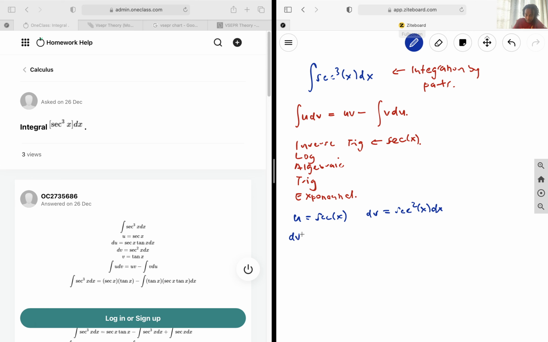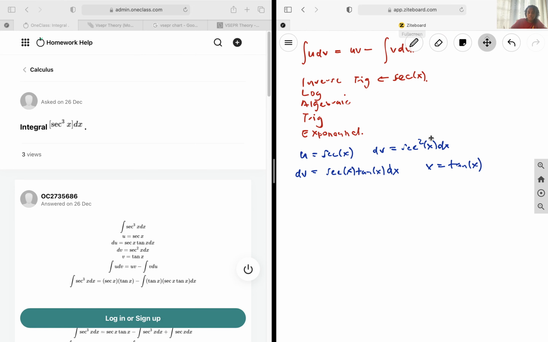This will mean that du will give us secant x tan x dx, and v will give us tan x.